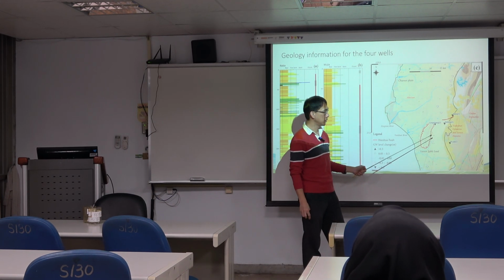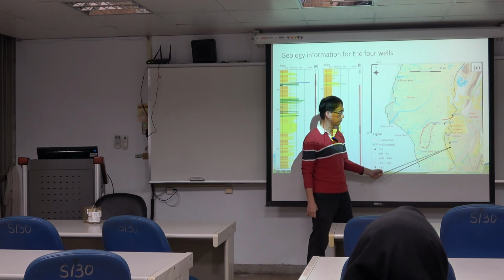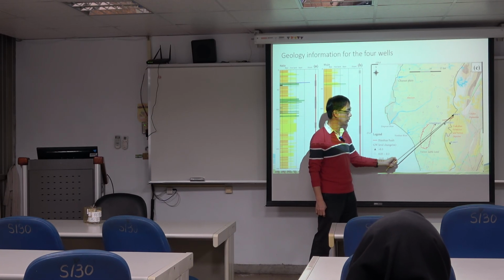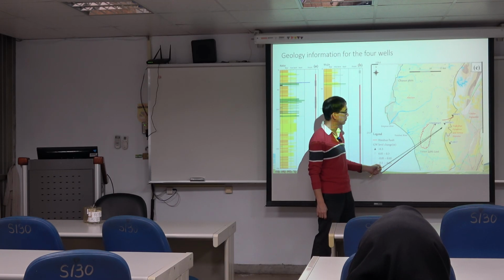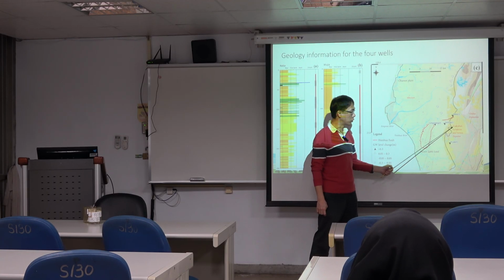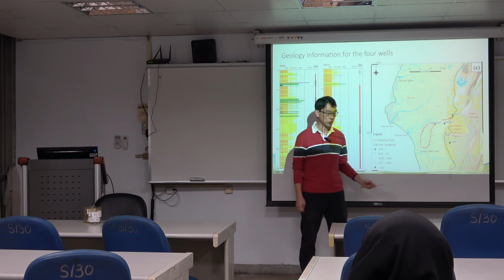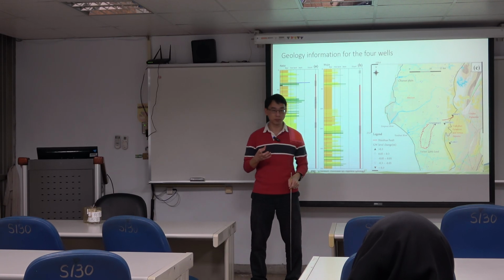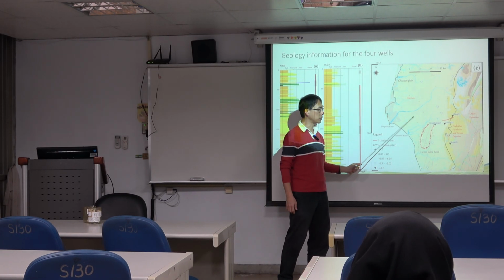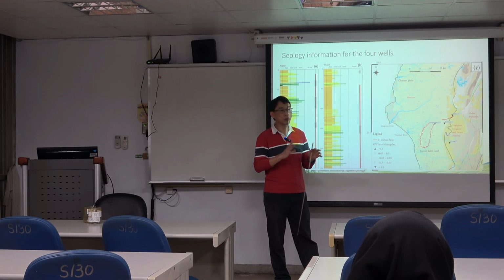And we can see that these three wells approach the Holocene materials, Pleistocene materials. This is the Toukoushan formation, so that means they are more rigid. And this area is mainly sediments. They are Holocene materials, so they are loose.